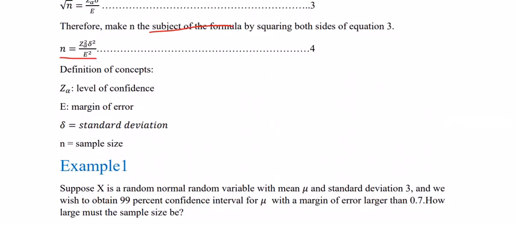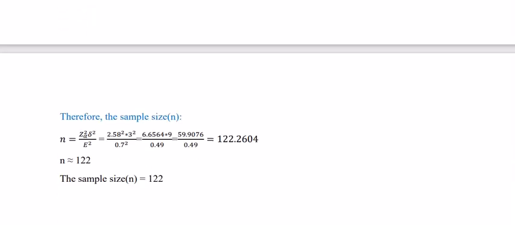Therefore, going back to equation 4, we are going to write down this equation. n is equal to Z alpha squared sigma squared all over E squared, and we will be substituting all the values that were stated earlier.